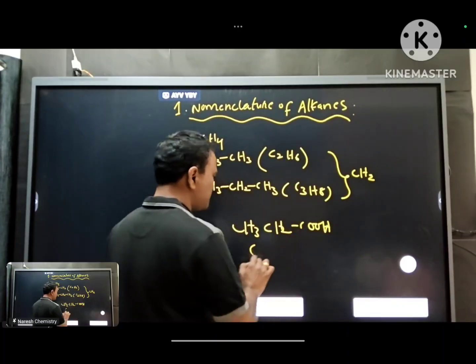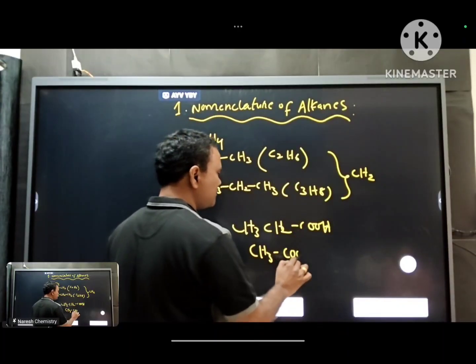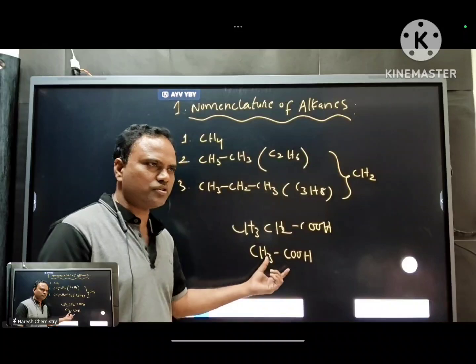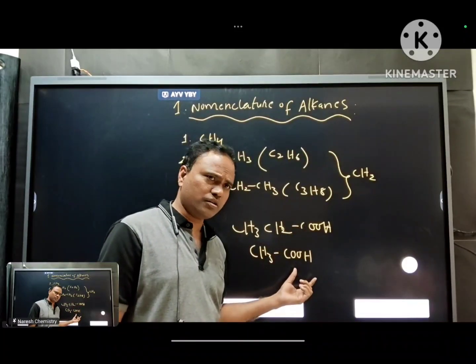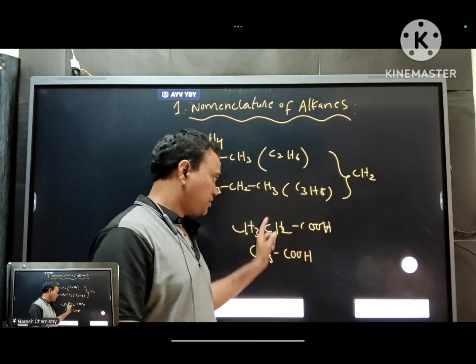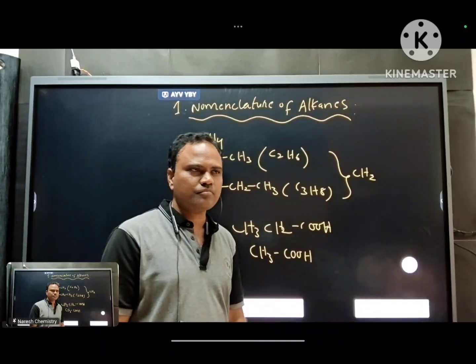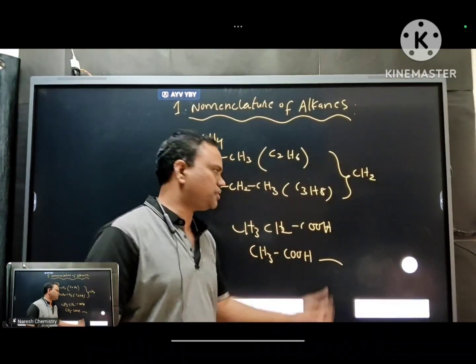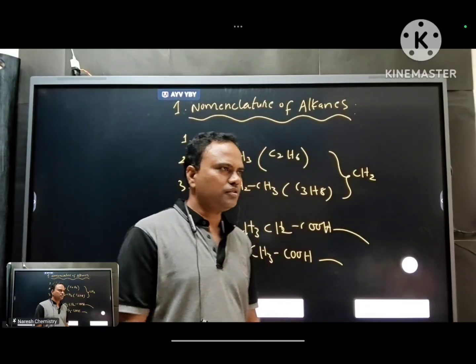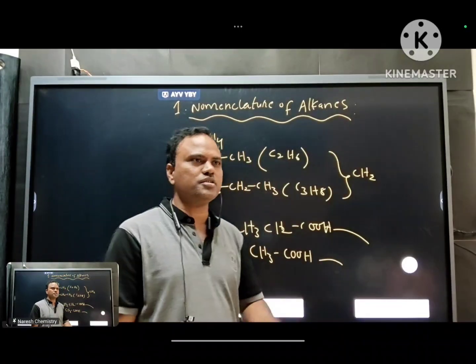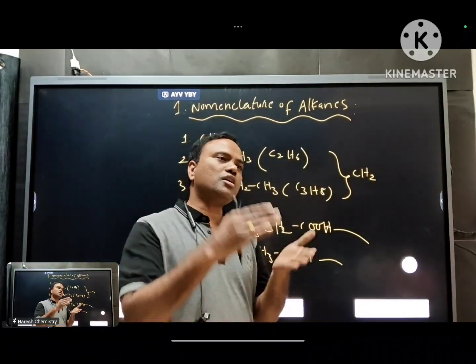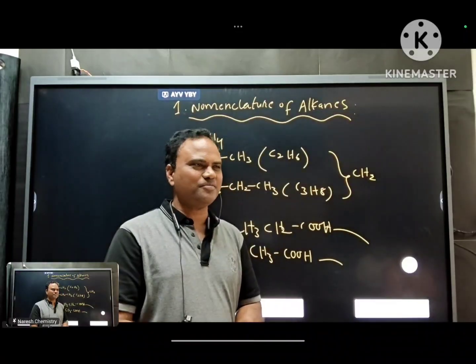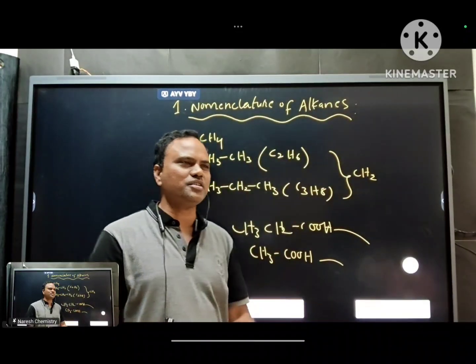This is carboxylic acid, this is also carboxylic acid. The difference is CH2, and they belong to the same functional group. The homologous series is applicable to compounds that fall under the same functional group. These two fall under carboxylic acids.